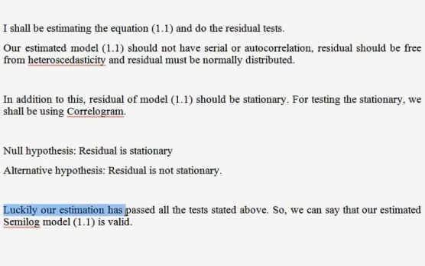And luckily, our estimation has passed all the tests above. That means there is no serial correlation, the residual is normally distributed, there is no heteroscedasticity, and finally the residual is also stationary. So all tests have passed.